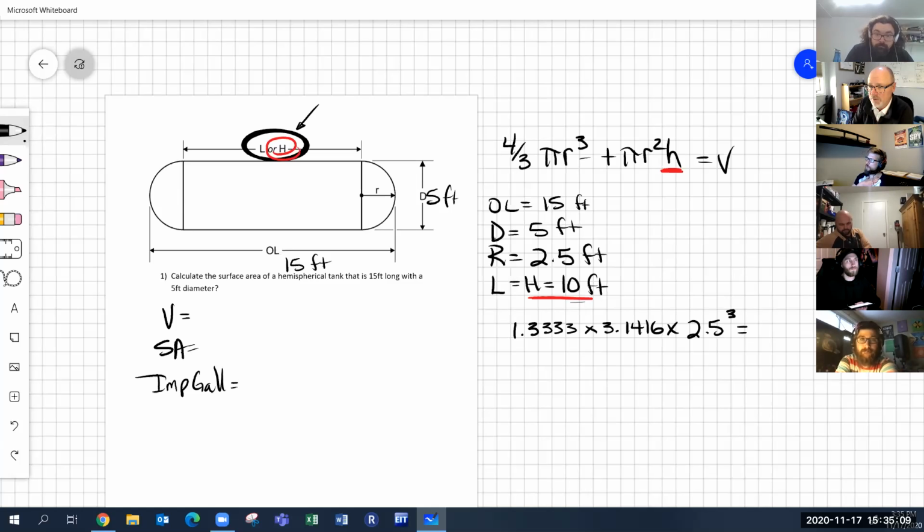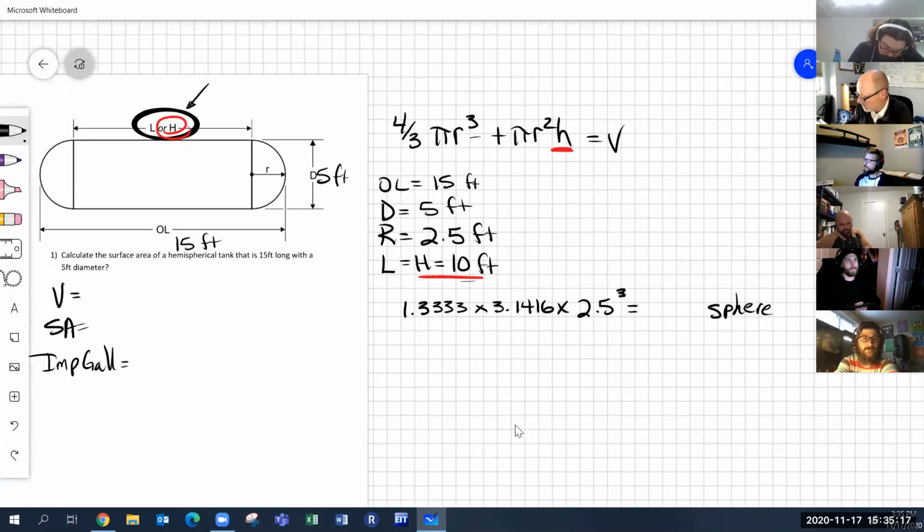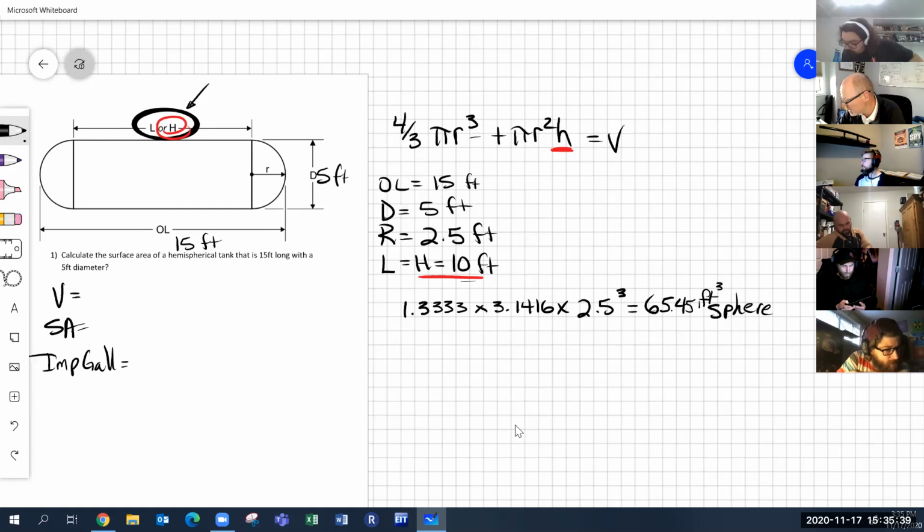So this is the formula for the sphere. 1.3333 times 2.5 cubed equals about 65.45. Sorry, Doug. Where's the cubed button? Is that shift? It's the play button, the triangle on there. Thank you. Shift X, it's the X3. And so that's the sphere.